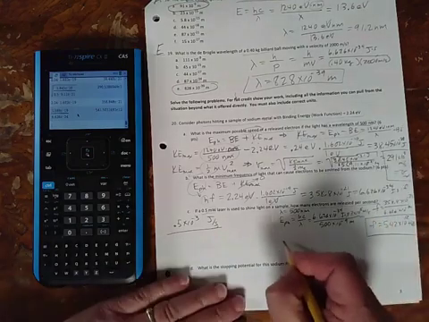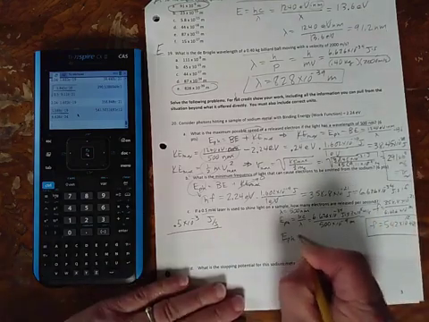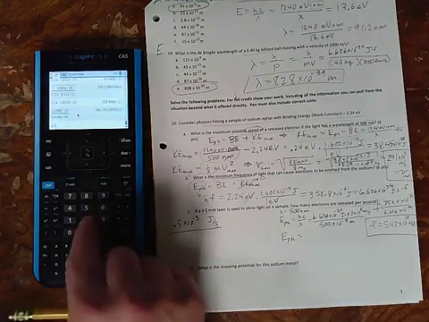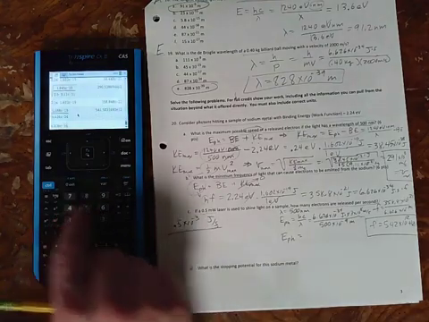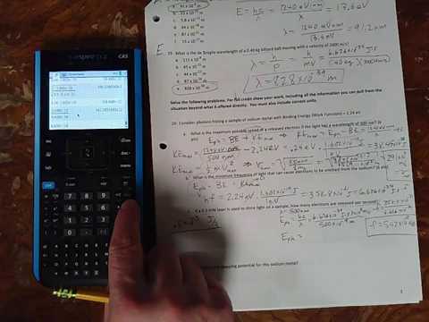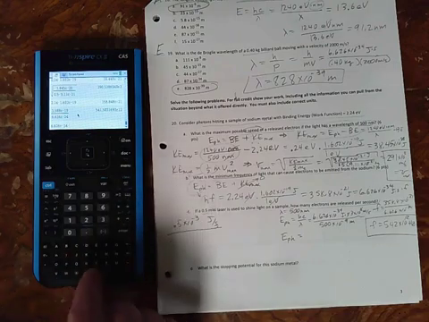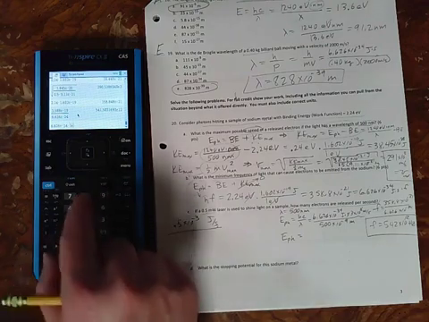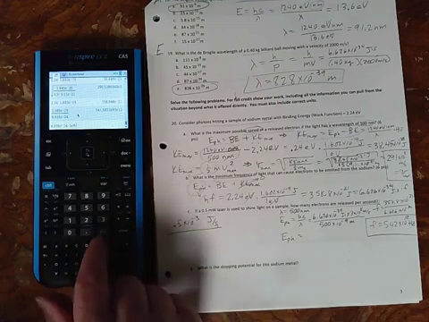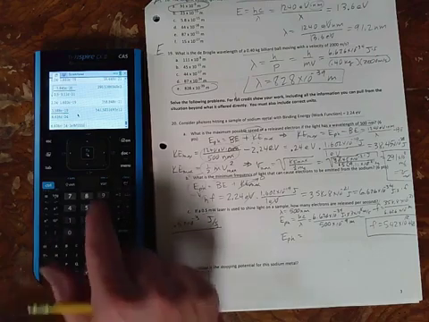Okay, so E photon is 6.626 E negative 34 times 3E8 divided by 500 E negative 9.